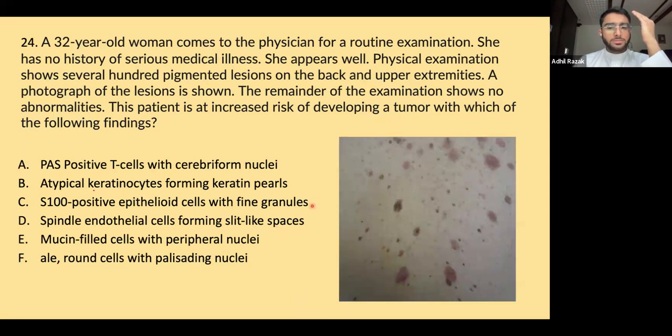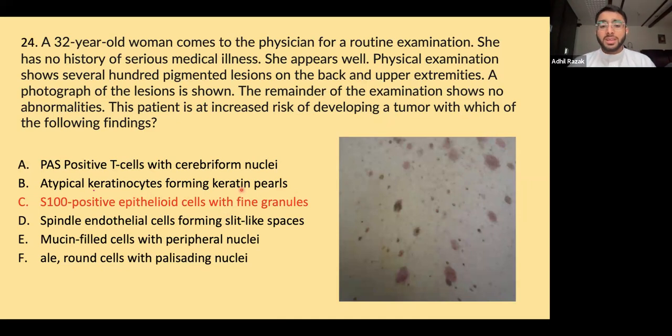What do you think it is? All right, it is C, actually. It is S100 positive epithelioid cells with fine granules. Okay, when you mentioned B, yeah, it is melanoma. S100 is a very important marker for melanoma. S100 means melanoma.